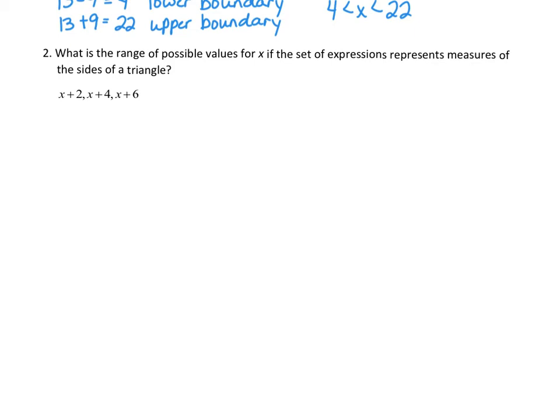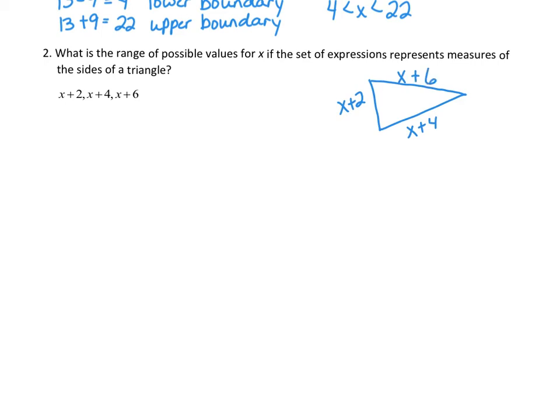What we're still saying is that the sum of two sides has to be greater than the length of the third side. So again, I'm just going to sketch a triangle over here and label it with these three expressions that represent length. So I've got x plus 2, x plus 4, and x plus 6.